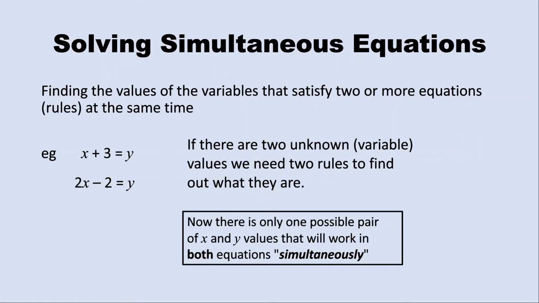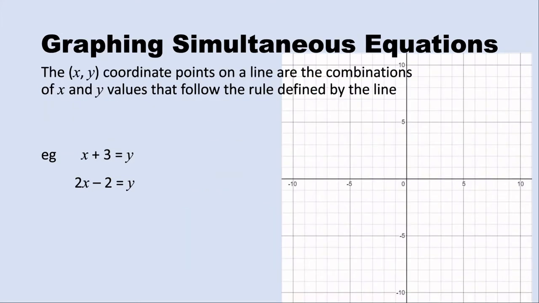You should have already learned how to solve this algebraically, but we can also solve this graphically by graphing these two equations. You should notice that these equations are both linear equations, although we like to write our linear equations in this format: y equals mx plus c, where you should have learned that m represents the gradient, that's the steepness of the line, and c represents the y-intercept, or where the line crosses the y-axis.